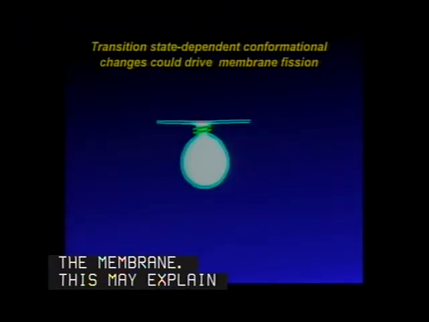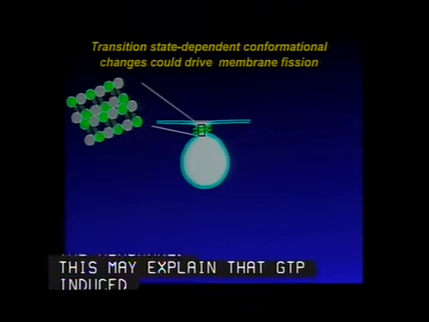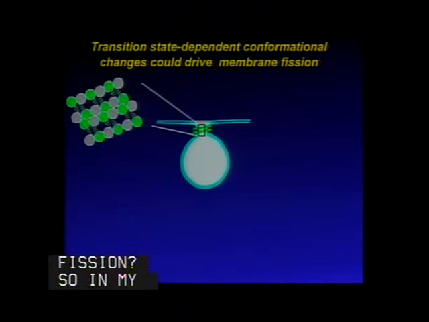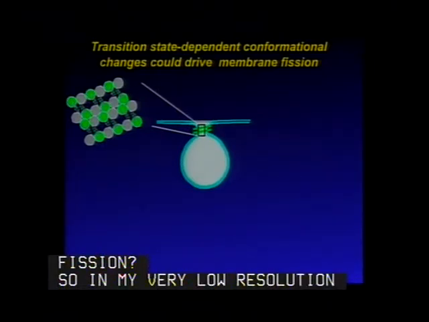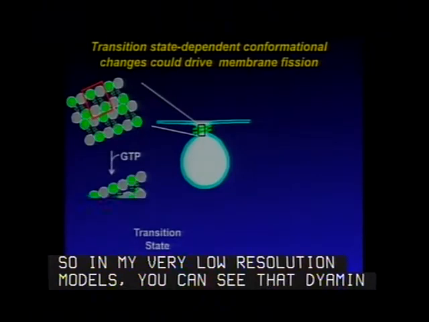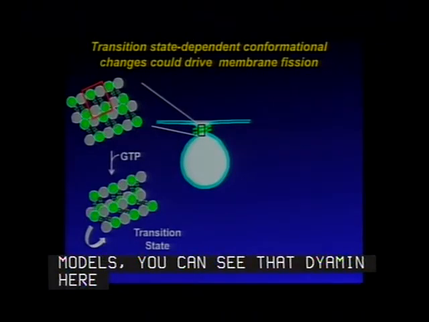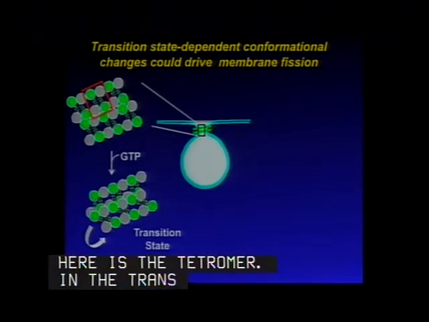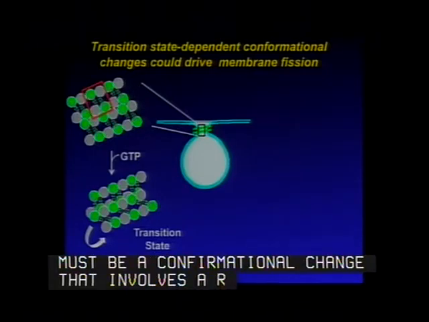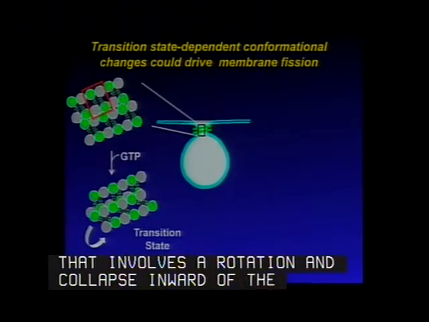So how does this relate to membrane fission, these conformational changes? In my very low-resolution models, you can see that dynamin here is the tetramer, this is the unit tetramer, and upon GTP binding in the transition state, there must be a conformational change that involves a rotation and a collapse inward of these assembled structures.